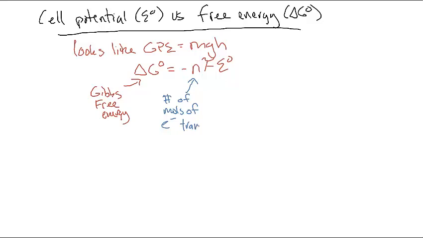It's the number of moles of electrons transferred. So in that last equation, we would look at the coefficients and see that in my balanced chemical equation, I had transferred 6 moles of electrons. That's where you need the coefficients. To find your E naught, you don't need it. To check your free energy, you do need it. F is Faraday's constant.